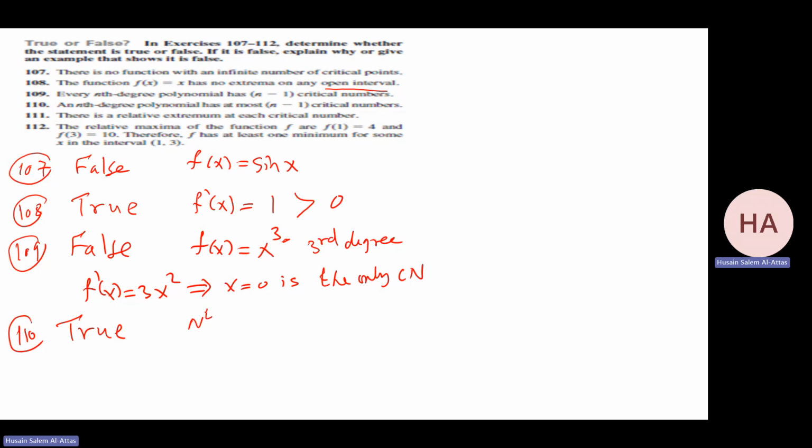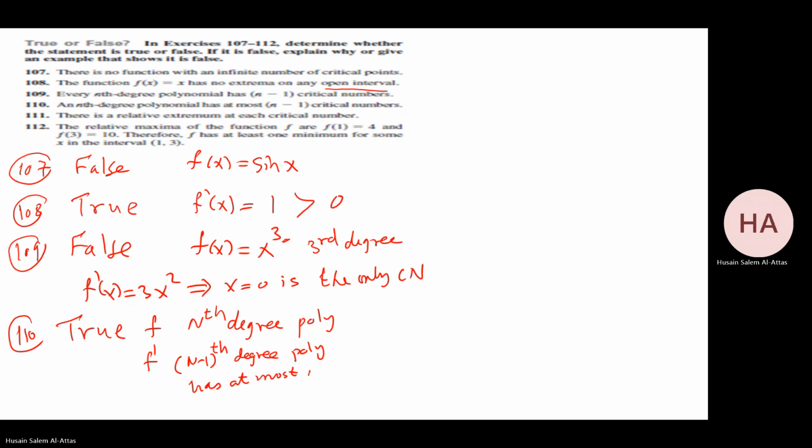Because if we have an nth degree polynomial, f prime will be an n-1 degree polynomial, which has at most n-1 zeros. Okay, at most n-1 zeros. So this is true.